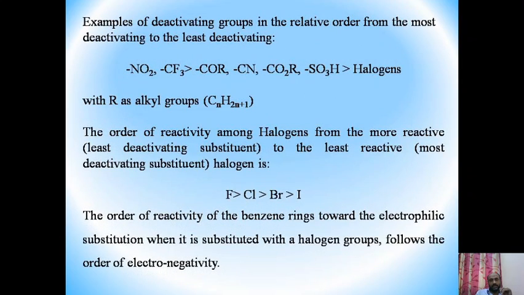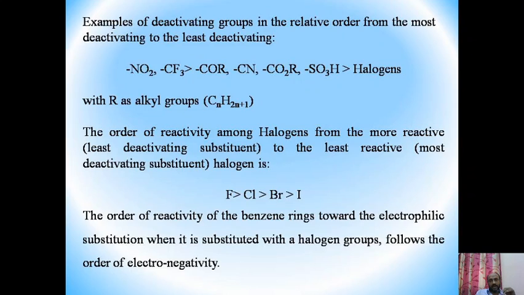And among the deactivating groups, in order, the NO2 group has the maximum effect, it deactivates the ring system the most. Then COR, then CN, then SO3H, then the halogen groups.